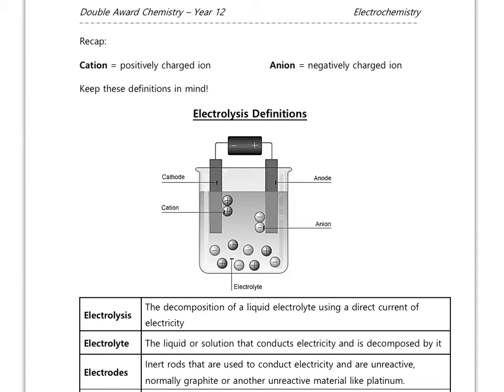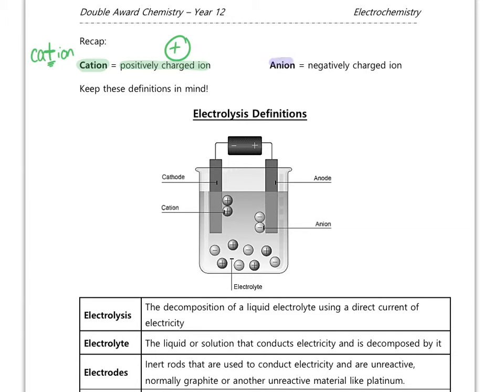Over on page 2 we start with a couple of reminders of terms that you would have met in year 11. So first of all, we remind ourselves that cations are positively charged ions. Sometimes we remember that by thinking of the T as a positive sign in the middle of cation.